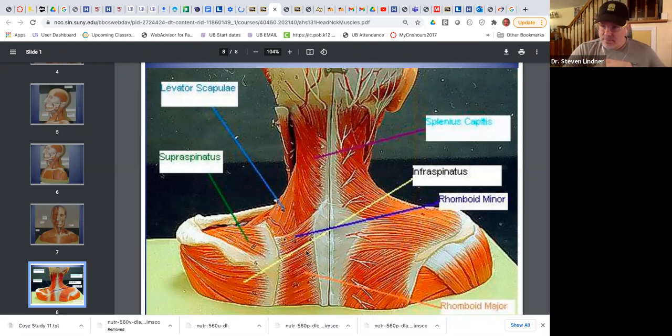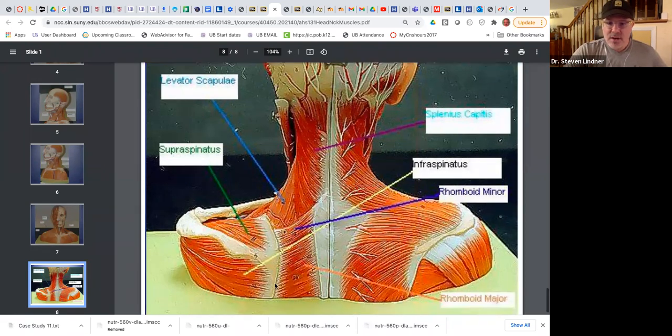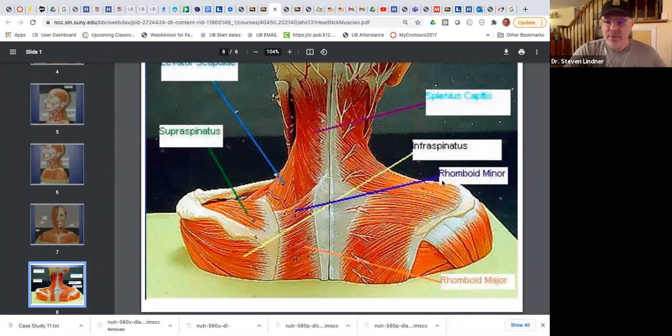Now, remember before when I taught you the Zygomaticus Minor and Zygomaticus Major, I said minors are above majors. If you look here from the spine to the vertebral border of the scapula are the rhomboid muscles. So here's the rhomboid minor on top, and then here's the rhomboid major inferior to it.